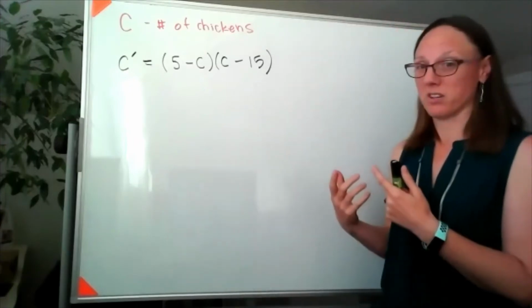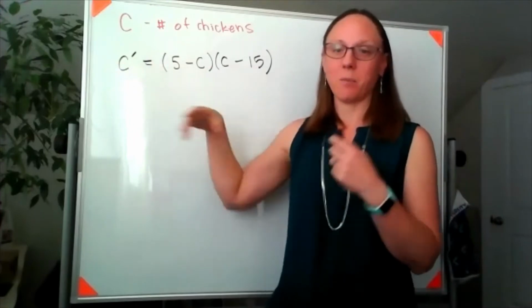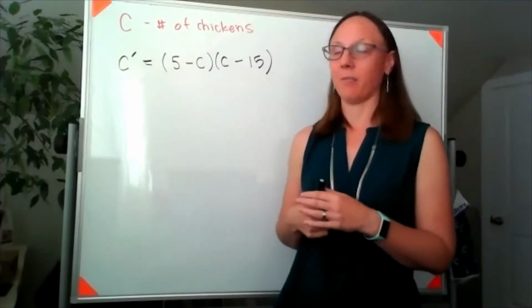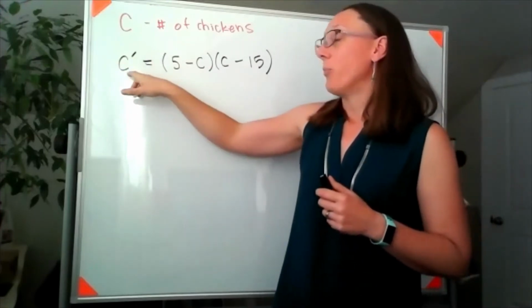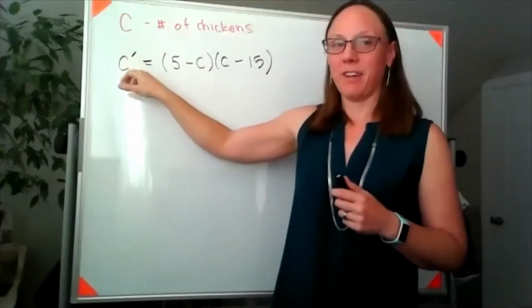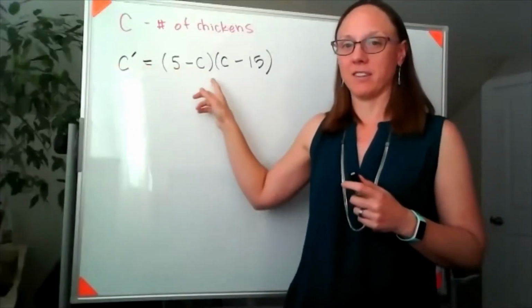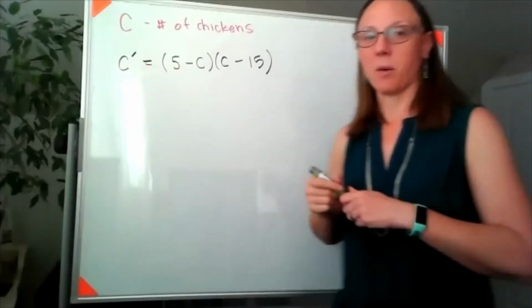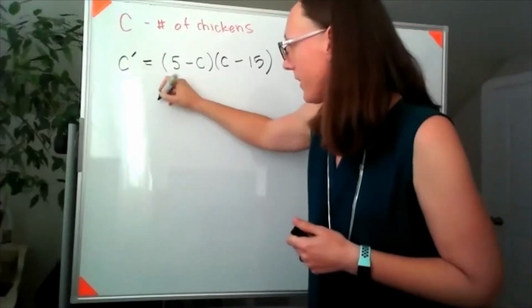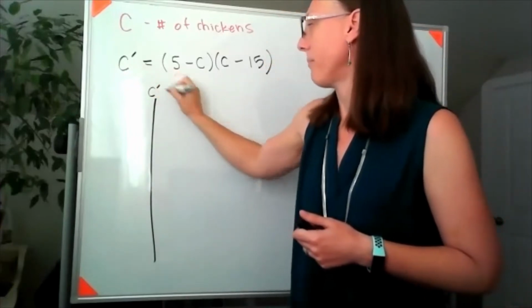I am a visual person, which means I want to visualize this by thinking about it graphically. And right now, this derivative has been given to us as a function of the number of chickens. So if I go to set this up graphically, this axis right here is going to be my C prime.